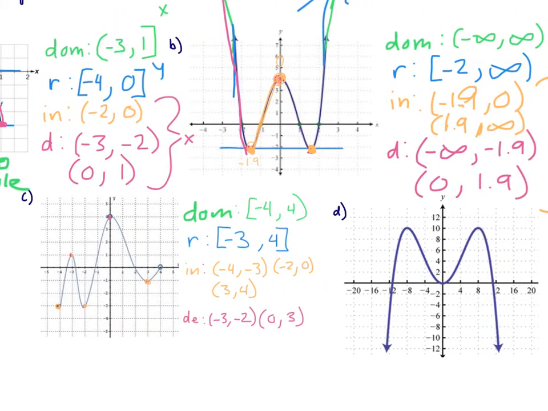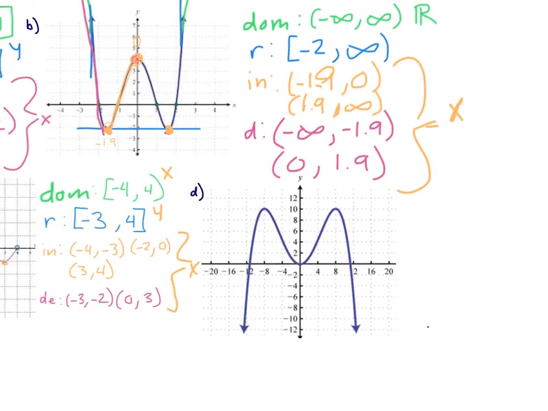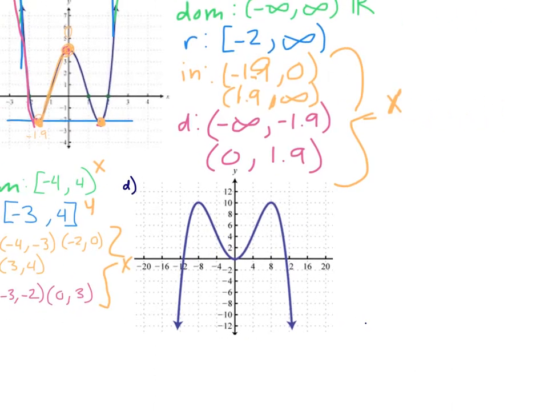So again, domain, you're looking at the x values. Range, you're looking at y. And increasing and decreasing, you're always looking at the x values. All right, for D, our domain, we start all the way to the left and then move to the right.